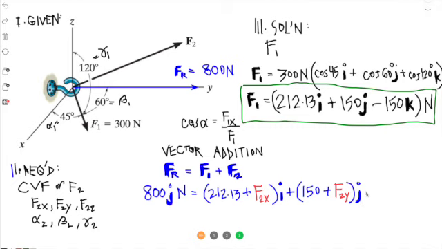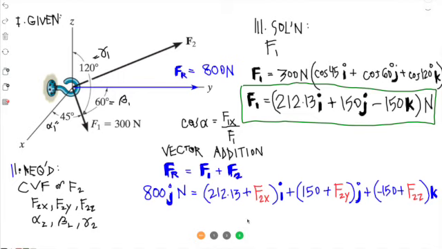And lastly, we have the k direction, the z component. For F1z, we have negative 150 plus the unknown F2z. Now that we have these equations, we can solve for the values, all of these in newtons.